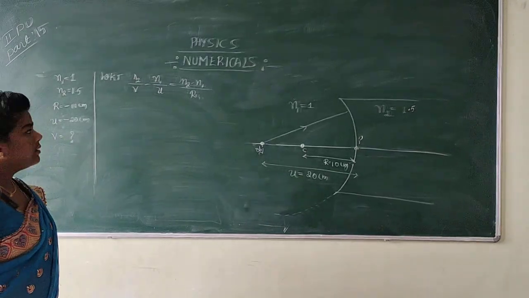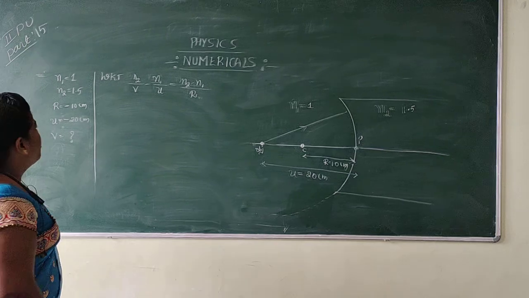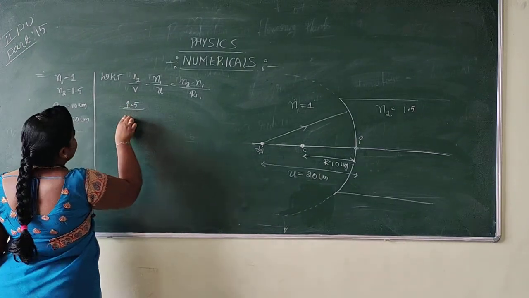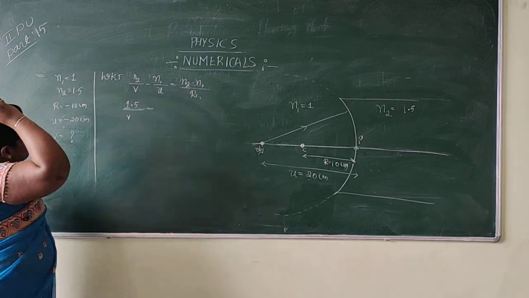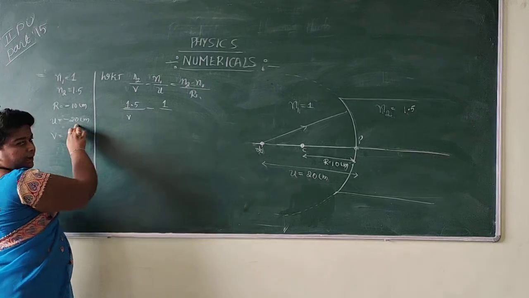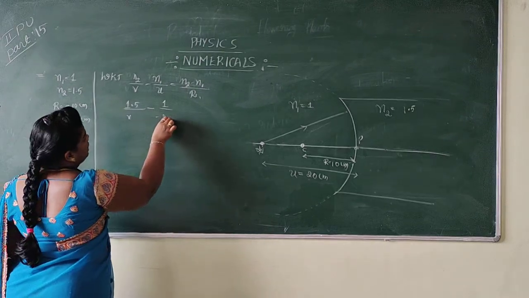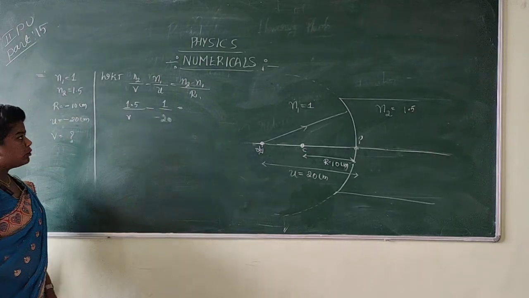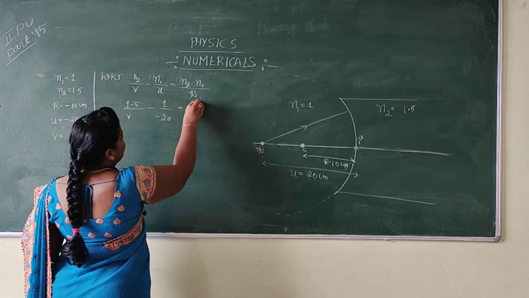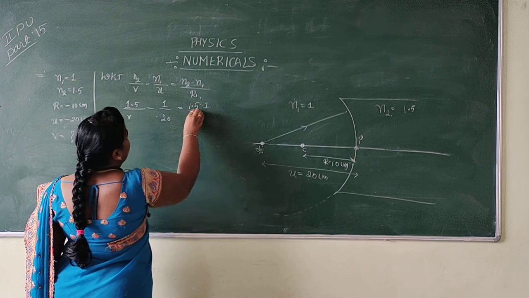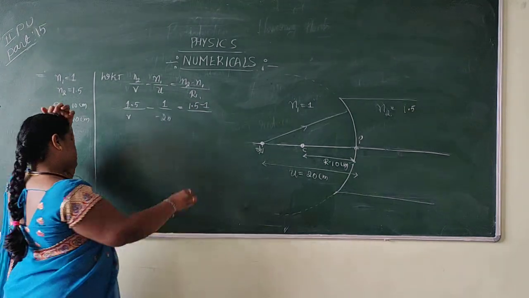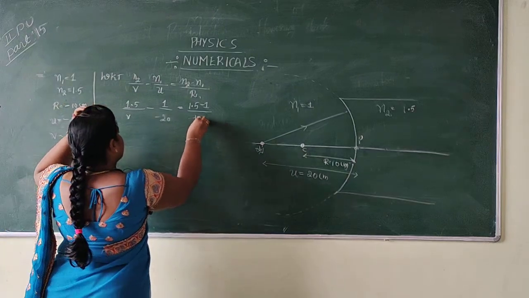See, my dear students, now I want to calculate v. What is N2? N2 is 1.5. What is v? Don't know. Minus, what is N1? N1 is 1. And what is u? U is -20. Then equal to, what is N2? N2 is 1.5 minus N1 is 1. What is R? R is -10. Substitute that, which is equal to -10.